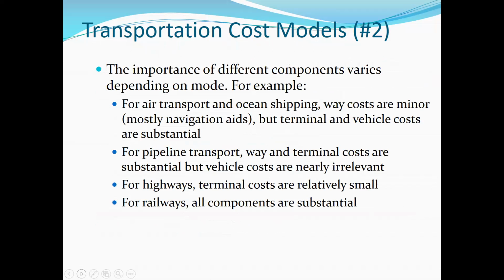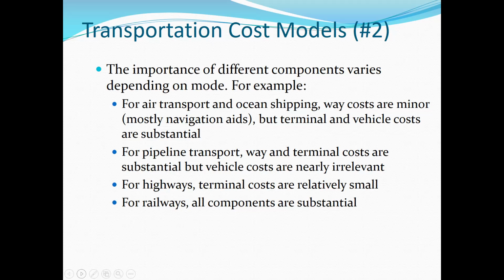Now, when you're looking at these different elements of cost, you have to figure out what is the most important component of your cost. Because for some modes of transport, some costs would be way more significant than others. And it's very important to get those correct, in the right ballpark, versus the minor costs.